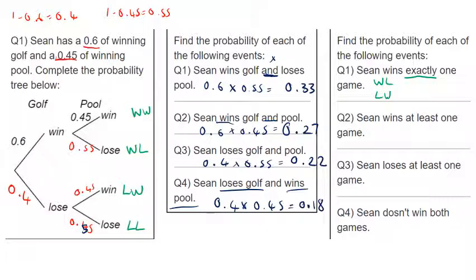And because it's this or this, "or" is your clue that we add together. So we need to do the probability of win, lose, which we worked out earlier, didn't we? Win and then lose was 0.33. Lose and then win was 0.18. And we add those two together to get our final answer of 0.51.